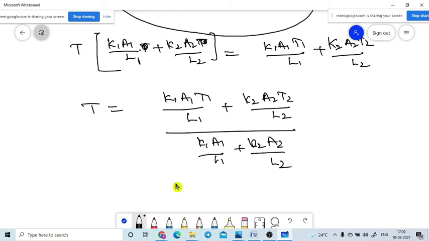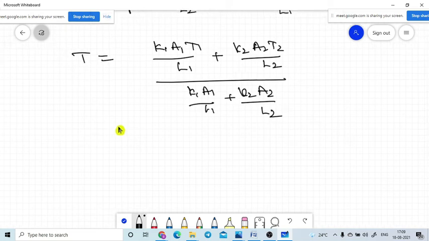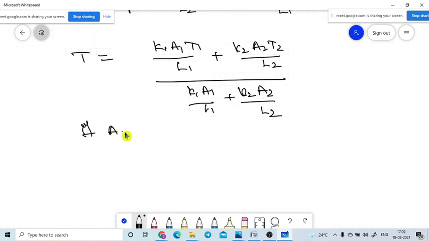I forgot to apply the condition earlier; now I am going to apply it. If A1 is equal to A2, equal to A, then all the A's will be cancelled out.